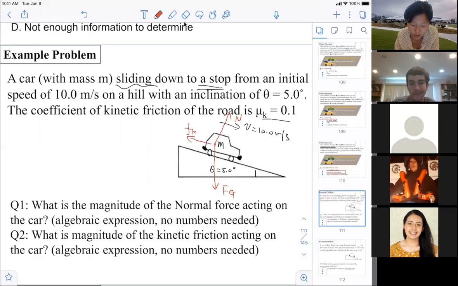Excellent. Now let me also set up my x and y directions. I set it up like this, and velocity is going down, friction is up. What about my acceleration? Is the car's acceleration along positive x or negative x?